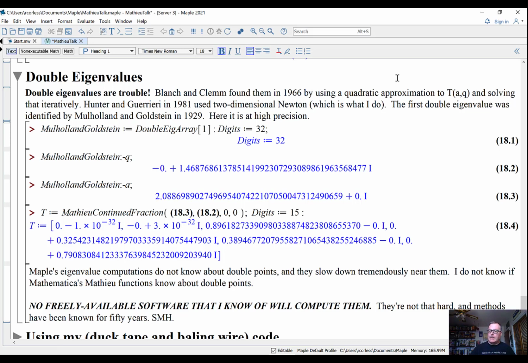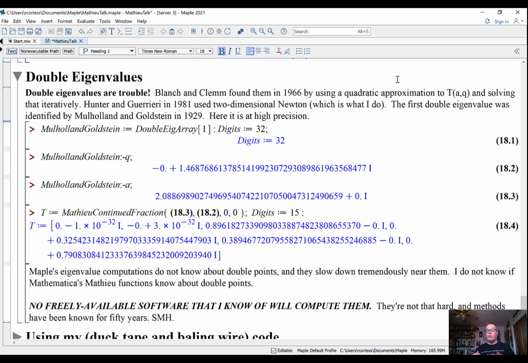As far as I can tell, no freely available software will do this for you. The theory is 50 years old. More than that if you go back to Mulholland and Goldstein. So I'm a bit surprised that nobody actually incorporates it.